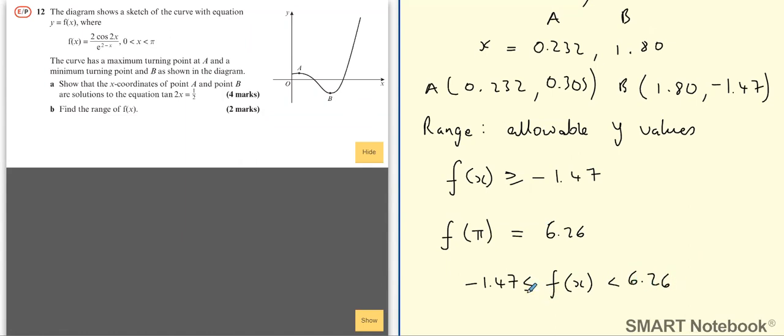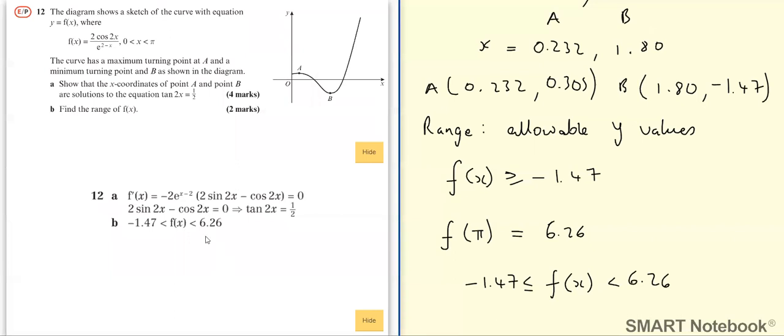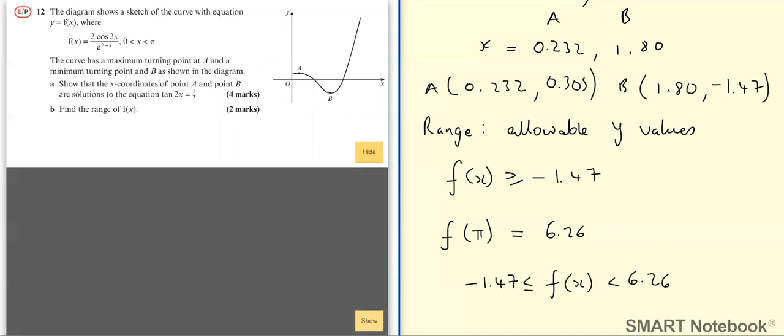You would lose a mark if the inequalities weren't the right symbol. They made a mistake there themselves. That's definitely a mistake. That should have an equal to for minus 1.47. Okay, is everyone happy with that? Any questions at this stage?